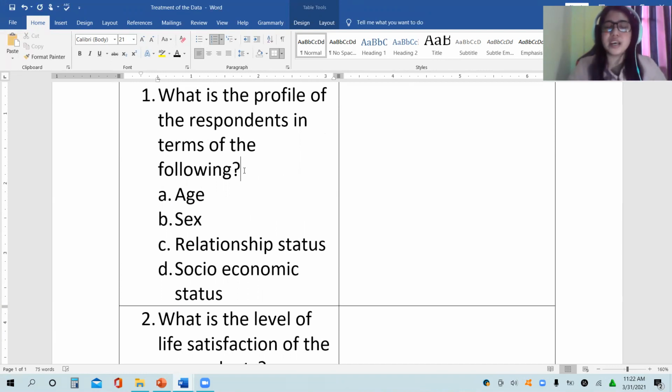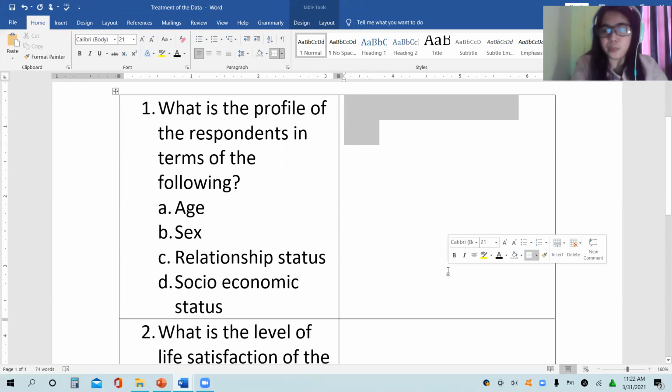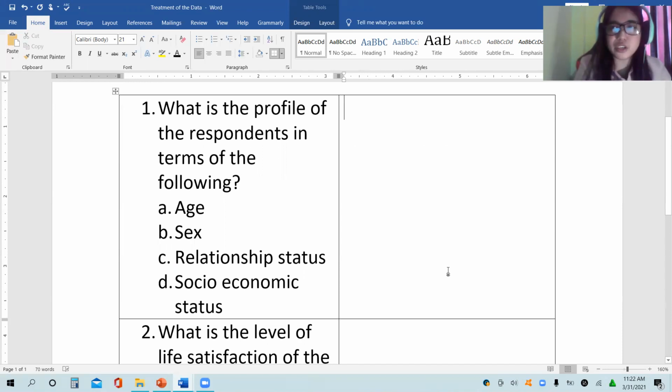Of course, we have to consider again the appropriate way on how to present this. And in the presentation, let me just reiterate that you can actually present our data using tabular or graphical form.